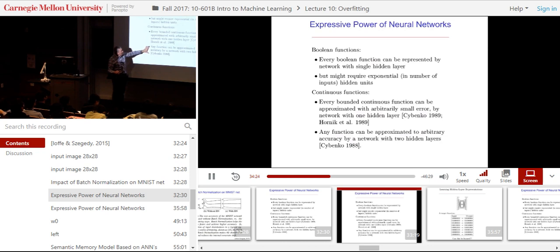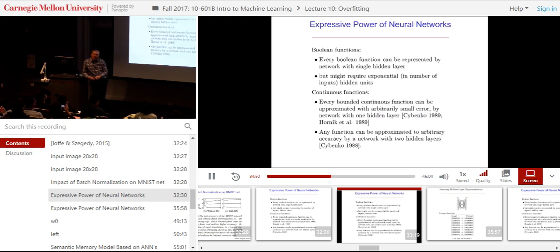And furthermore, any function, even if it's not a bounded continuous function, can be approximated to arbitrary accuracy with 2 hidden layers. So these are interesting statements because they tell us something about the expressive power of neural networks, for example, made of sigmoid units.